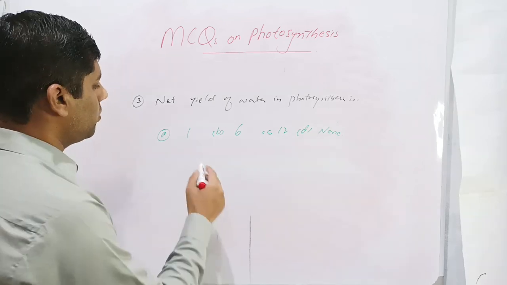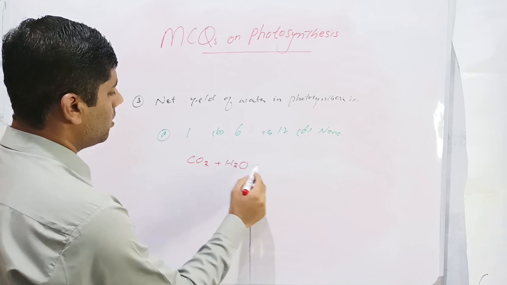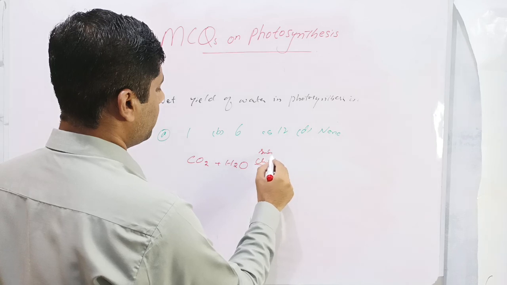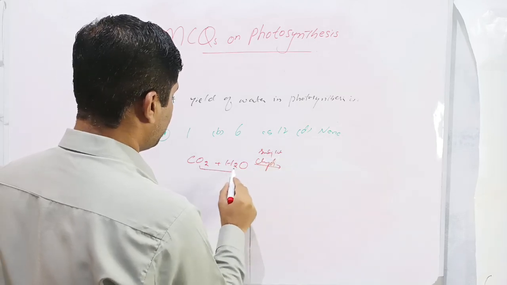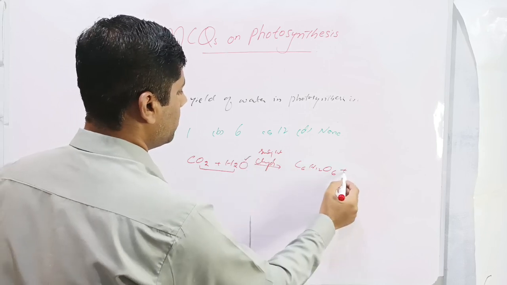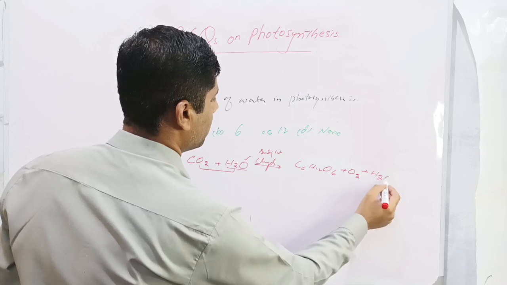So if we see the equilibrium reaction of photosynthesis, in which carbon dioxide and water molecules are fused in the presence of chlorophyll and sunlight, carbon dioxide and hydrogen produce glucose, oxygen is released as byproduct, leaving behind some molecules of water.